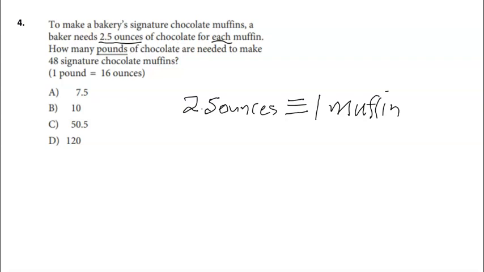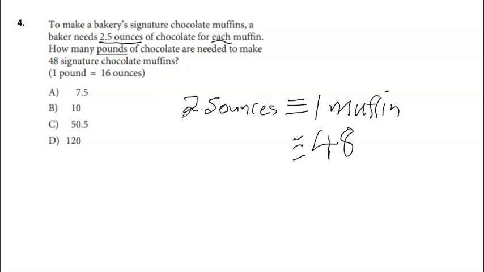So now we're going to make 48 muffins, and we want to know how many ounces, in other words, pounds, because you've been given what is in this parenthesis to be able to translate, right?